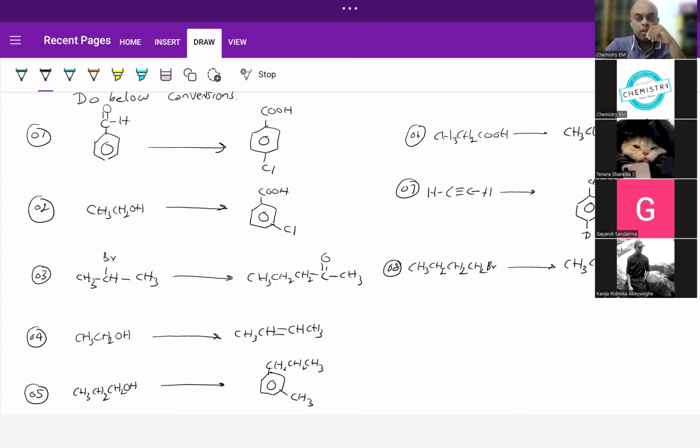You have my WhatsApp number, or you can ask any questions via chat, or you can unmute and ask any questions as well. Number of steps is not given actually. You can use the minimum number of steps to do these conversions. Okay.